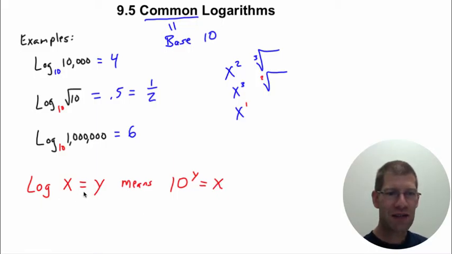So log of x equals y means 10 to the y equals x. And like I went over and over in the 9-7 notes, if you're ever trying to do a logarithm problem and you get stuck, often the first step is to change it to an exponent, because logarithms are new, we're really good at working with exponents.